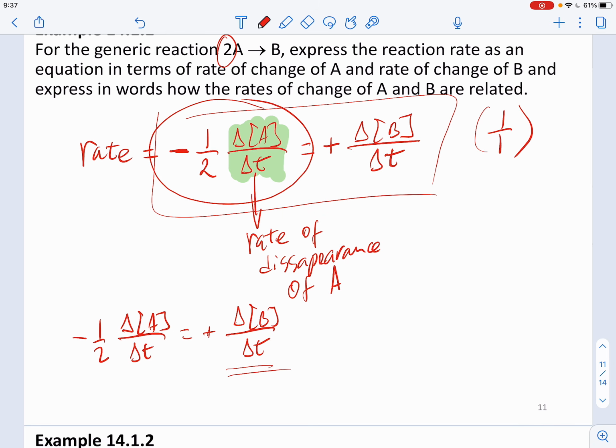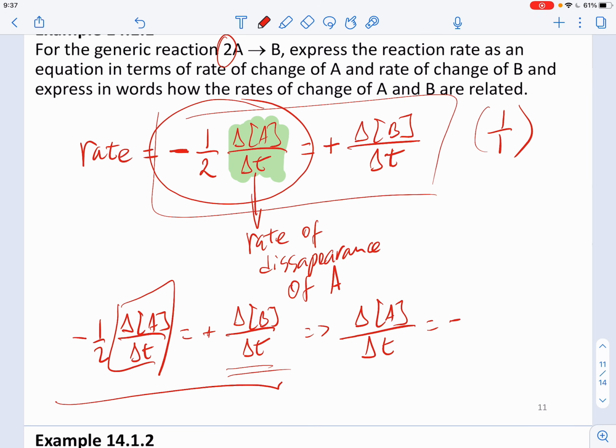So what do you do? You take this as an equation and solve for delta A over delta T, which is equal to minus 2 delta B over delta T. So in other words, the rate of disappearance of A is equal to twice the rate of appearance of B, pretty much.